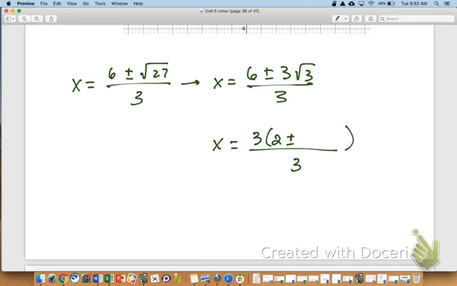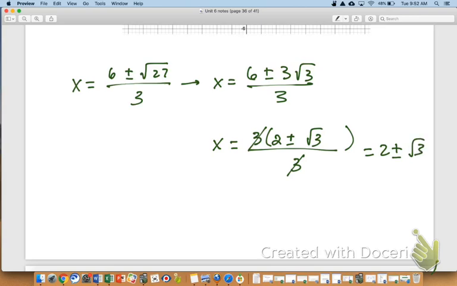Plus or minus. If I had a 3 root 3, but I took the factor of 3 out, left over is 1 root 3, or we could just put a root 3. Now that you have factored it, cancellation is actually a valid thing you could do, because 3 divided by 3 is 1. And so you'd end up with 2 plus or minus root 3.